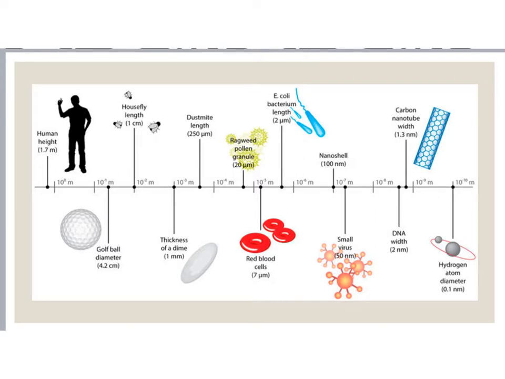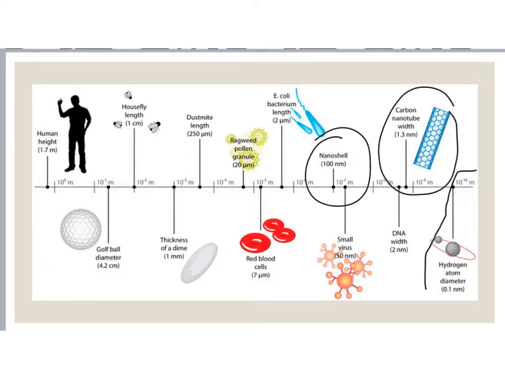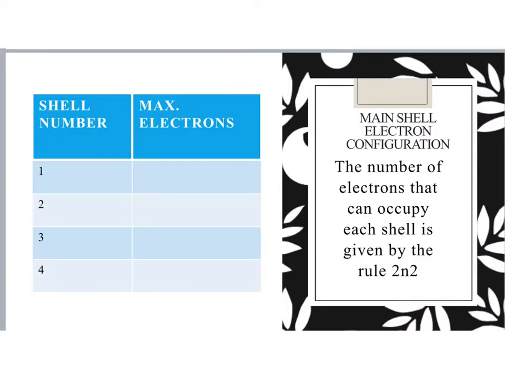We keep on going, and this is still only 10 to the negative 7, a nano shell. But as we keep on going down, we get to a nanotube, at 10 to the negative 9. We keep on going, and at 10 to the negative 10 meters, or 0.1 nanometers, we get the hydrogen atom. So tiny, minuscule, just to give you an idea of the size of the things we're talking about.